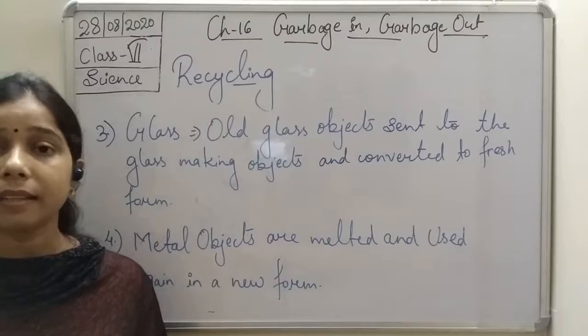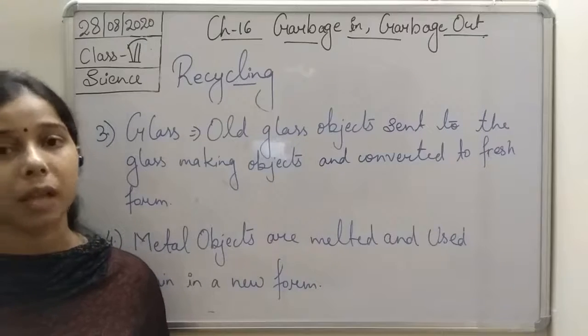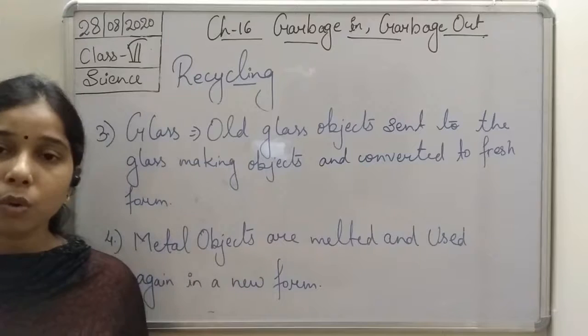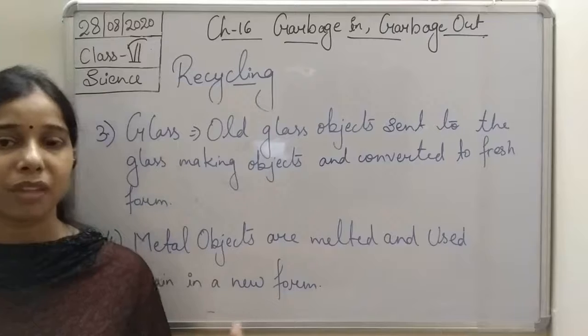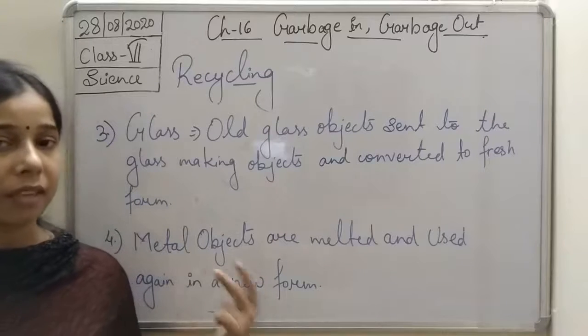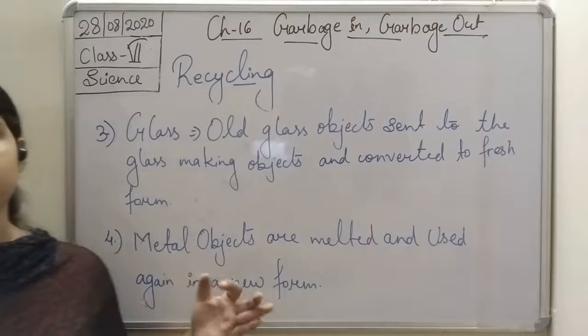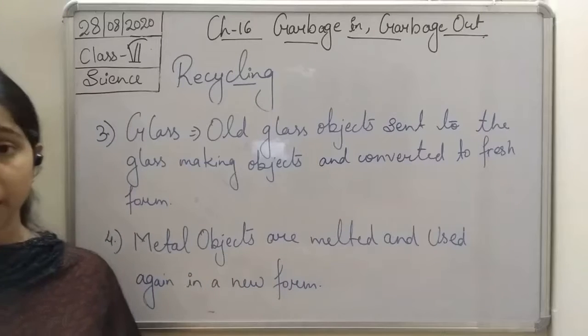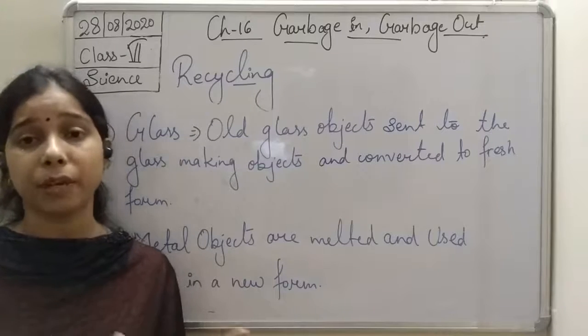We will segregate the garbage which we have to recycle from what we have to dump outside. If the garbage consists of plastic, metal objects, glass objects, or paper, we will separate all these things.